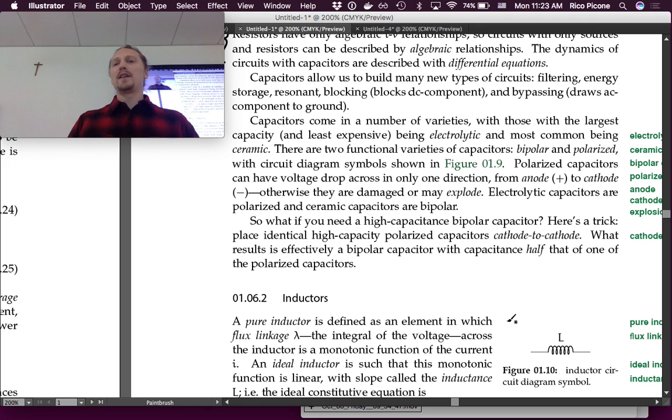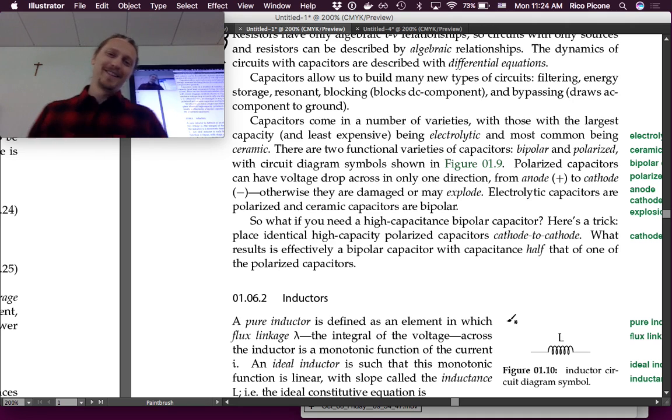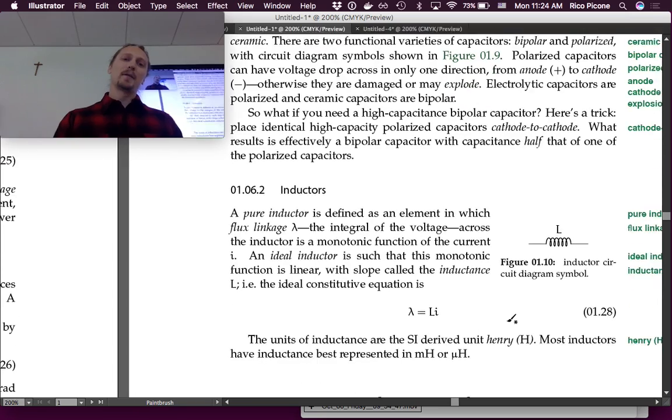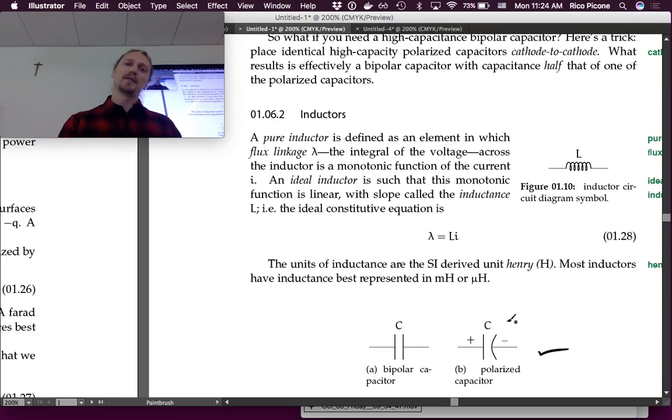You used a bipolar or unpolarized ceramic capacitor in that lab, as I recall. Is that right? It's because it's AC, right? So you have to apply voltage in both directions across it, so you can't use a polarized capacitor. You can, but it's not recommended. It doesn't work very well either. So that was stuff that we learned already about capacitors.